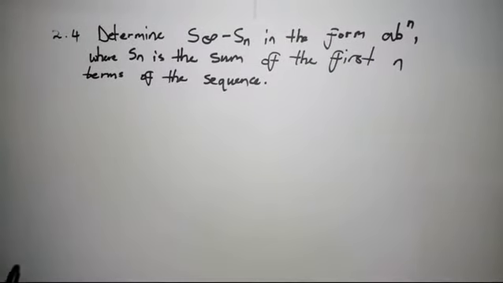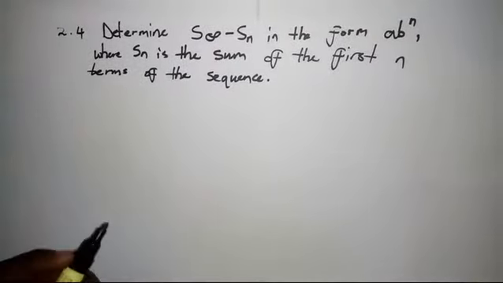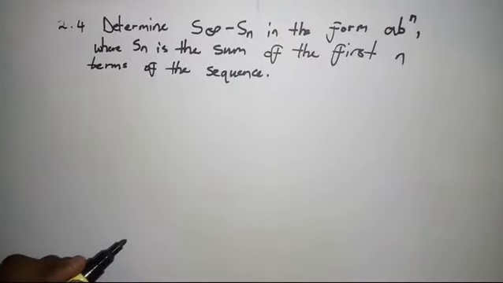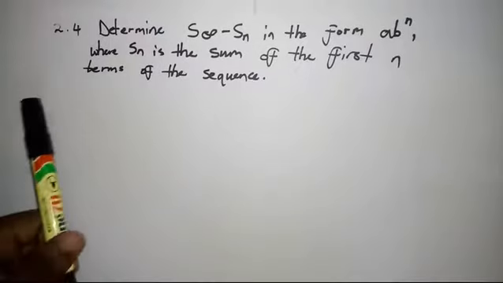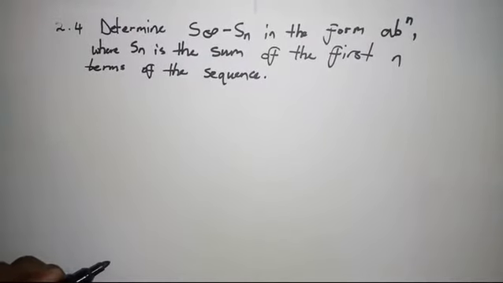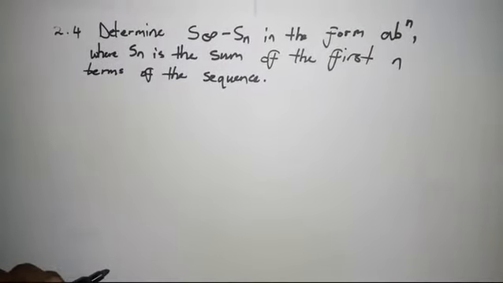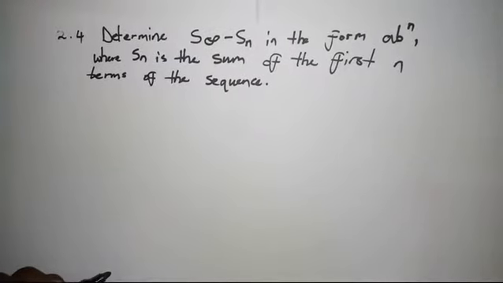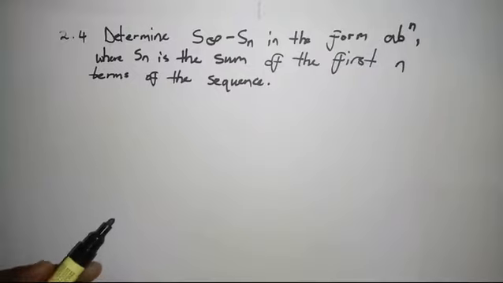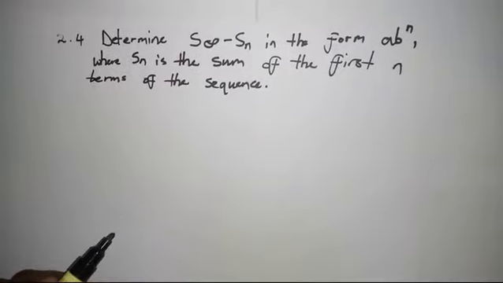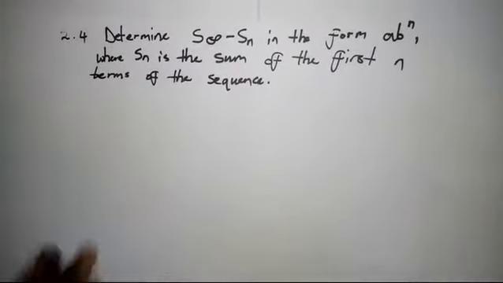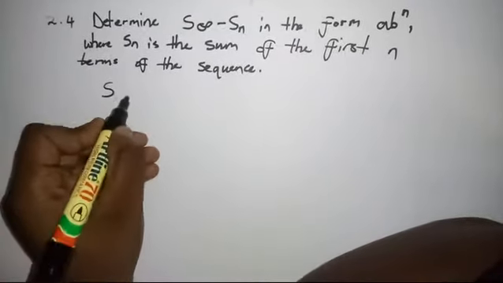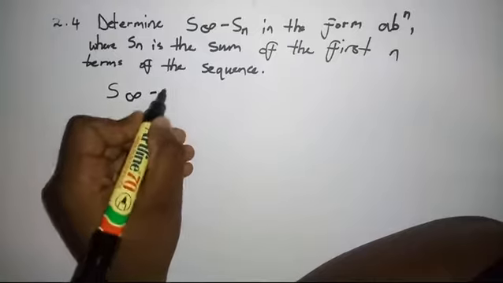Question 2.4 asks that you determine the sum to infinity minus the sum of the first n terms in the sequence, in the form ab to the power of n, where Sn is the sum of the first n terms of the sequence. So what they're asking is, you can write it down like this.